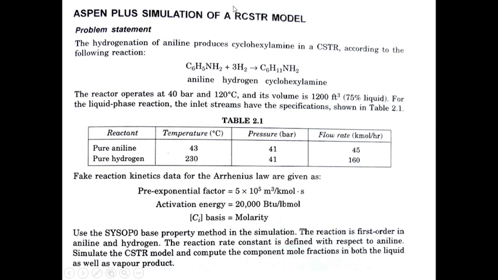And then you have to specify the RCSTR model. Once you choose the RCSTR model, you are going to get the input sheet where you have to input all the data like the operating temperature and pressure. You have to specify this particular reaction and the manner in which it has been written. Next, you have to specify the volume of the reactor and the fraction of the reactor, that is, the 75% of it that is in liquid.